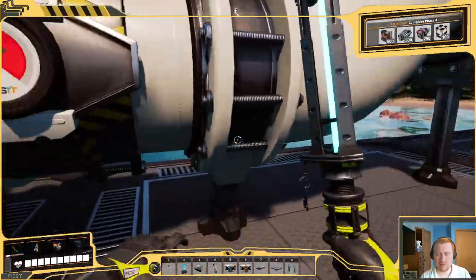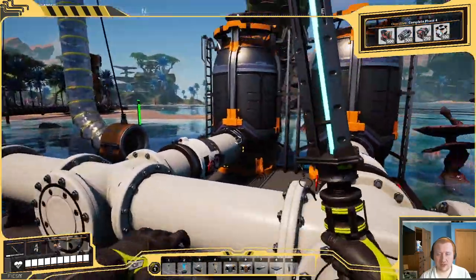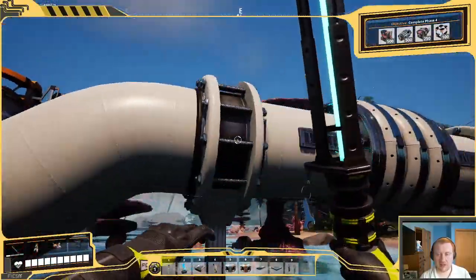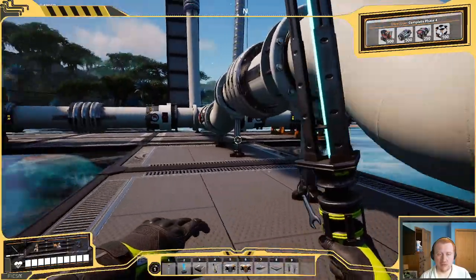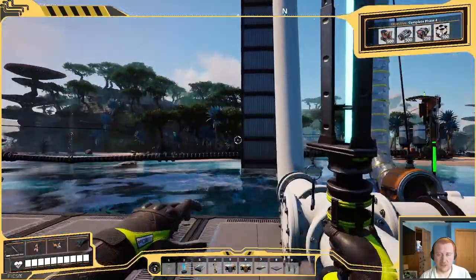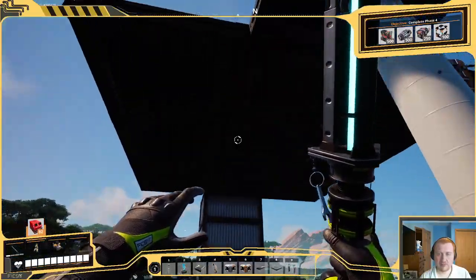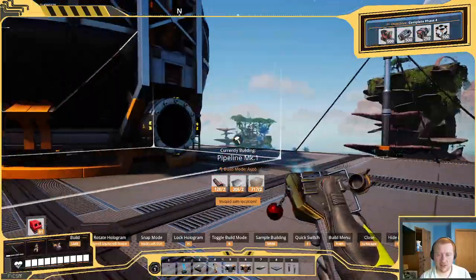This will basically allow these pipes to fill first, and then this will overflow into the buffer that we want. If I hook this up, it'll actually fill up rather quickly because it's pretty much optimal right now. So let's just test it.